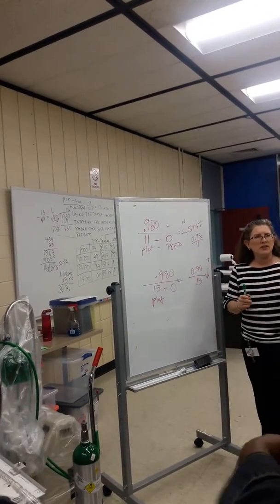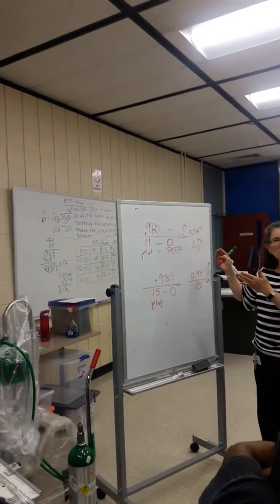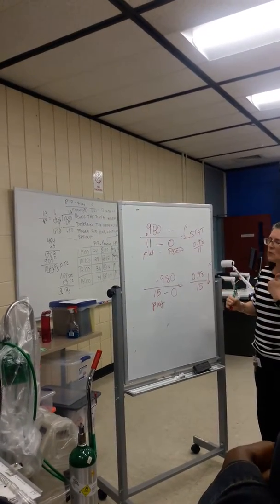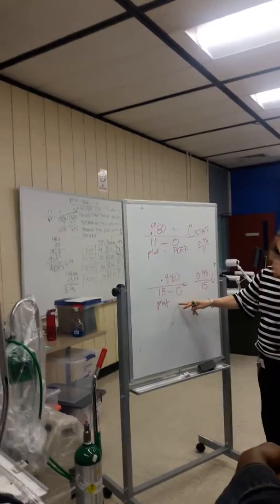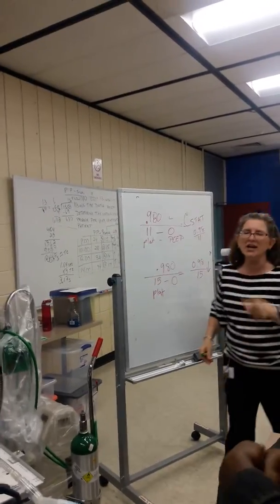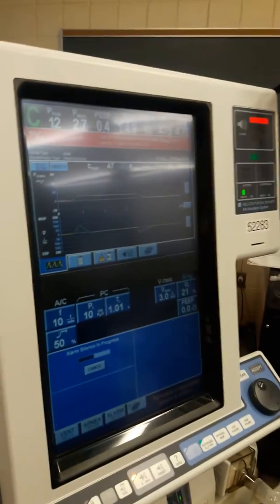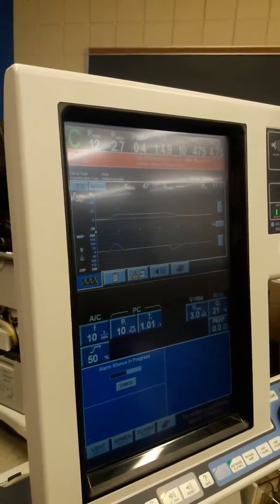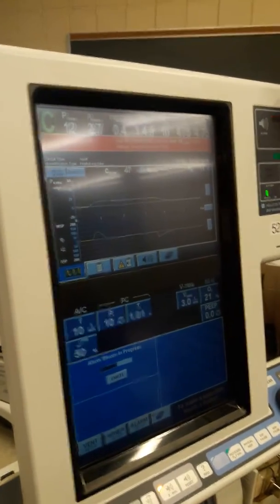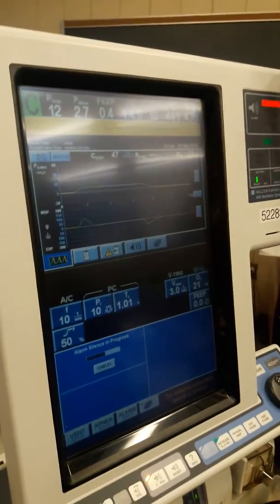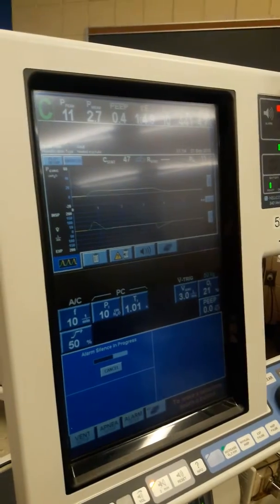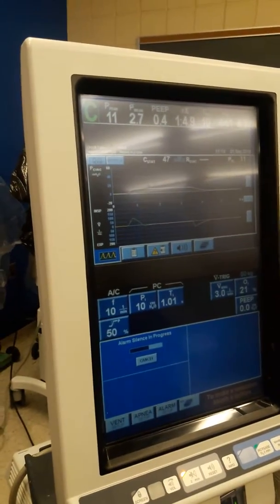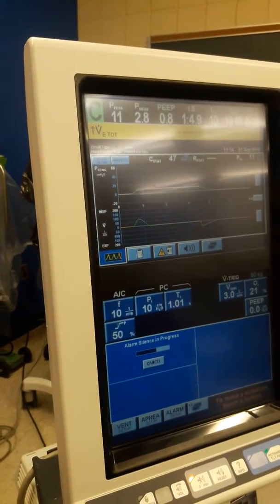So the factors that affect your compliance are what you get for volume and what you get for a plateau. Unfortunately, I can't change the plateau on that ventilator. But if I take it back to the original number of 980 roughly, and I had to do a plateau and the number came larger, you would see it.